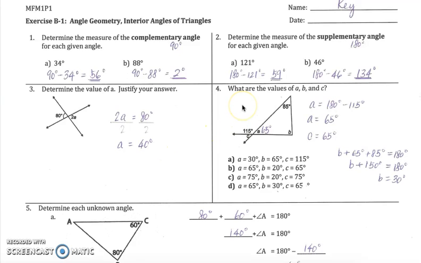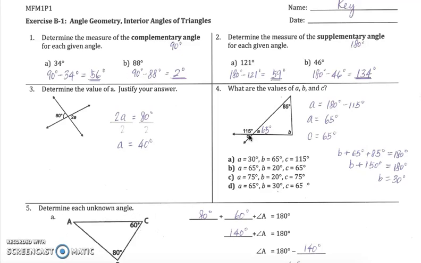Question 4. What are the values of A, B, and C? There are 2 excellent starting points in this question, which are angles A or C. Angle A is supplementary to 115 degrees.